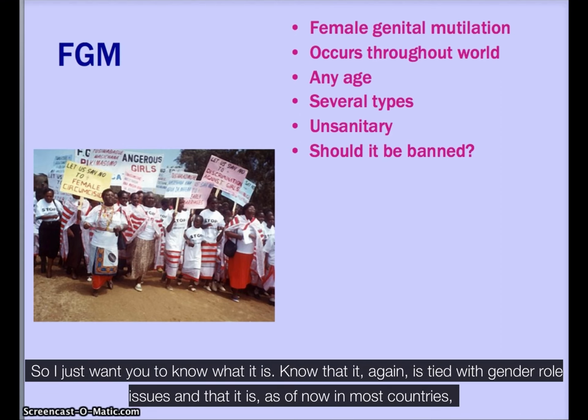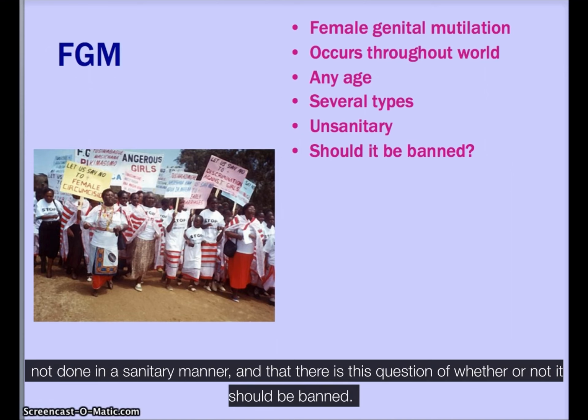So I just want you to know what it is, know that it again is tied with gender role issues, and that it is, as of now, in most countries not done in a sanitary manner, and that there is this question of whether or not it should be banned.